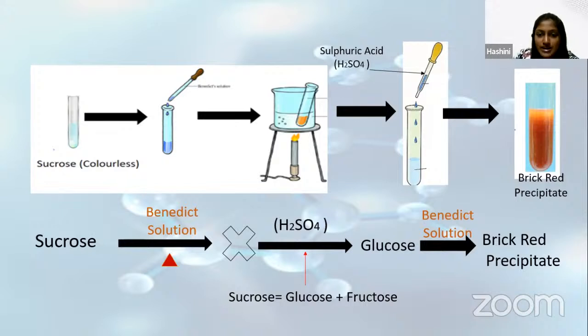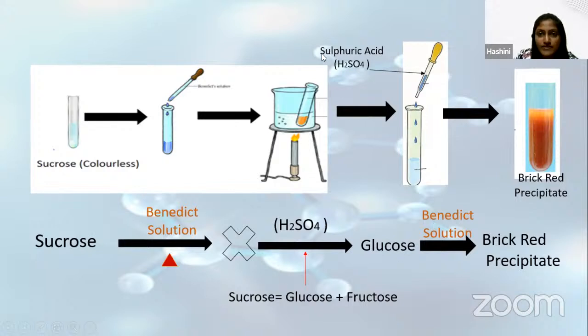In the previous test we used Benedict solution to identify glucose, but here both glucose and fructose are present. Therefore, we have to isolate the glucose, so that it will show a reaction with the Benedict solution.